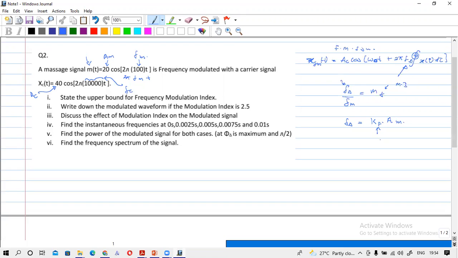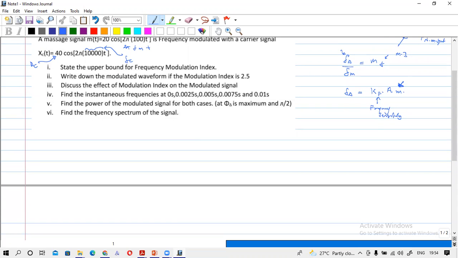So this Kf is phase sensitivity, sorry, frequency sensitivity. This is the message signal amplitude. So if we have F delta, the modulating signal amplitude is there. This should be the normalized message signal. So that's the idea we need.